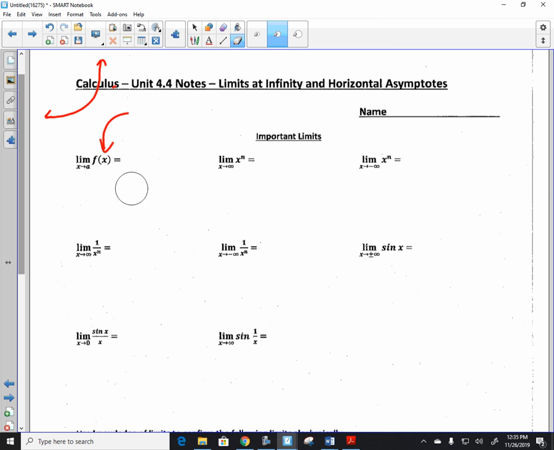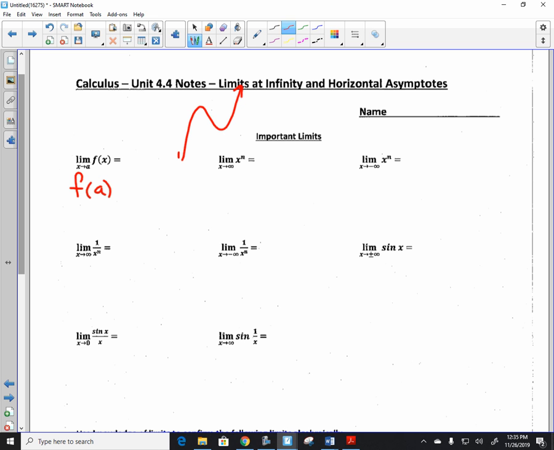So, for example, here's what you've learned thus far. Suppose you want to identify a limit. Many times you can simply plug in a into the function, and that tells you a limit, okay? But think about this situation. Suppose you have x to the n power. You could have a cubic.